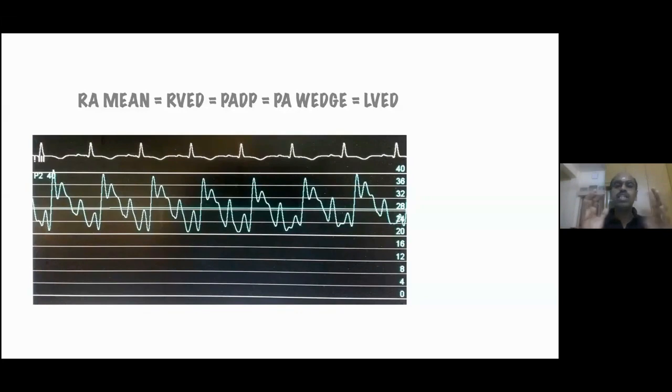Now, in constrictive pericarditis, the RA is shielded. RA pressure does not fall; it is not reducing with inspiration. But the other phenomenon that I told continues. The fall in intrathoracic pressure sucks blood from the superior and inferior vena cava into the right atrium, continues to fill the right atrium and the right ventricle.